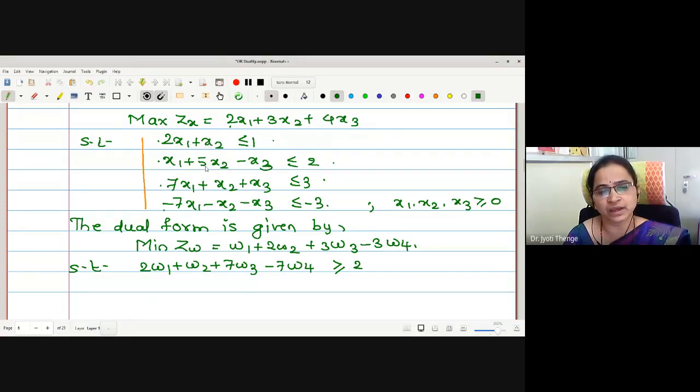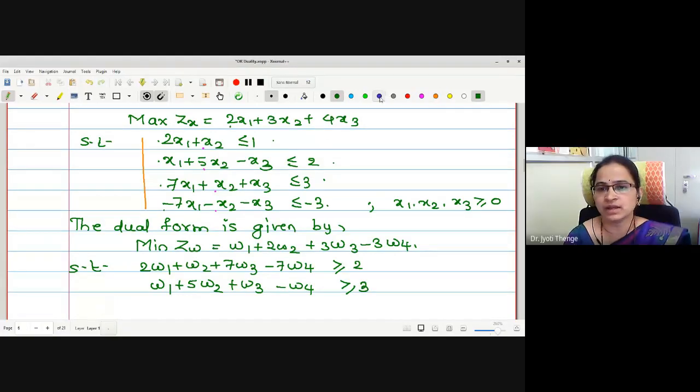Now let me repeat the same thing. Let me write the second column as the second row. What is my second column in this coefficient matrix? It is 1, 5, 1, minus 1. Therefore, this is W1 plus 5W2 plus W3 minus W4 greater than or equal to 3.